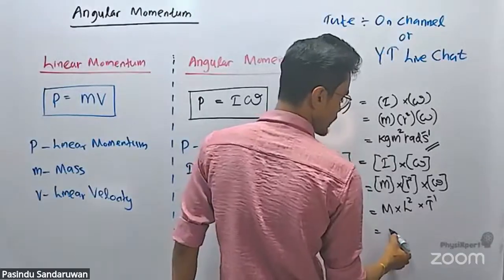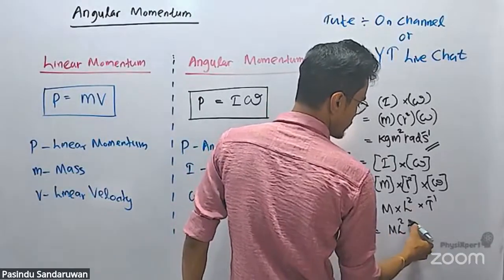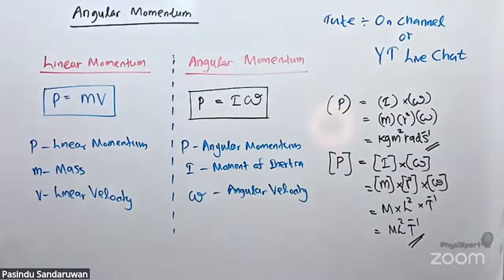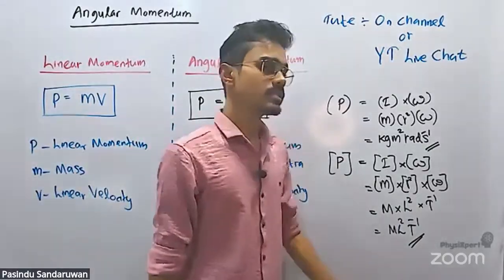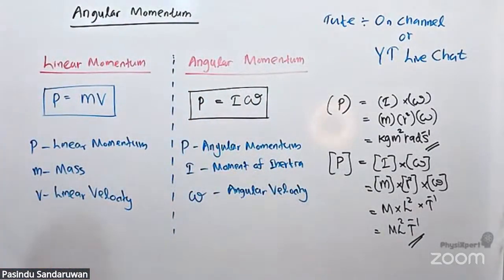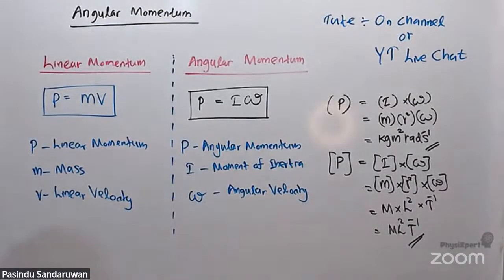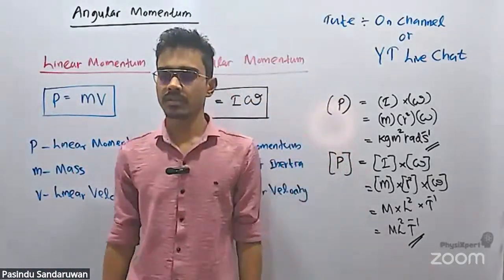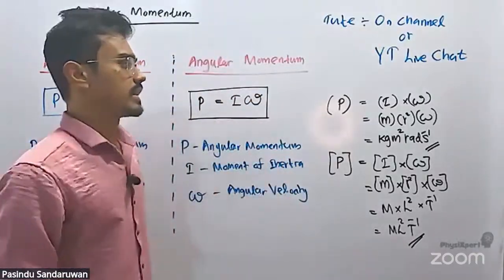We have proved this already. So it is M L squared T minus 1. Okay, let's move on.